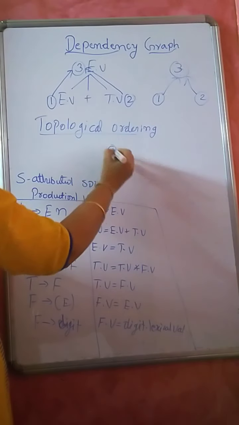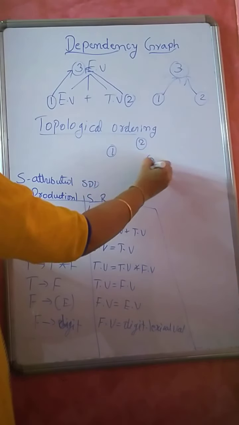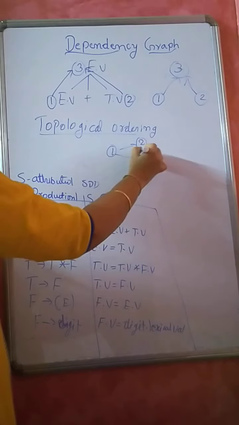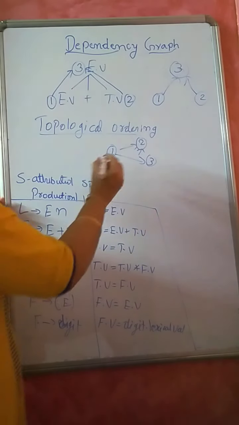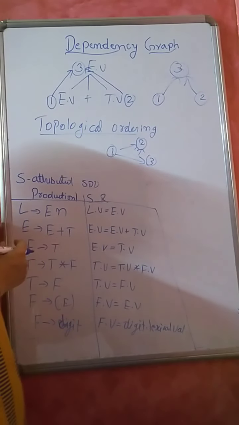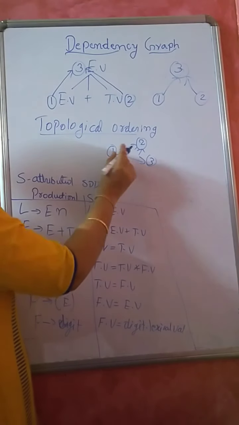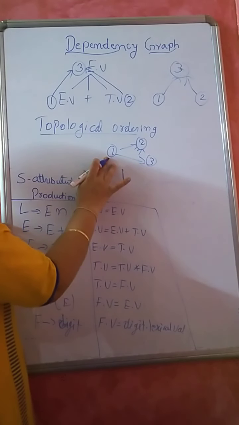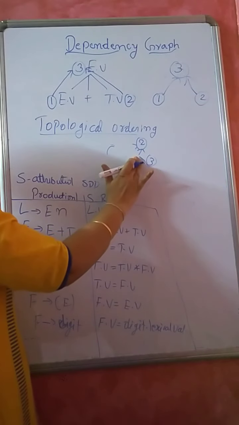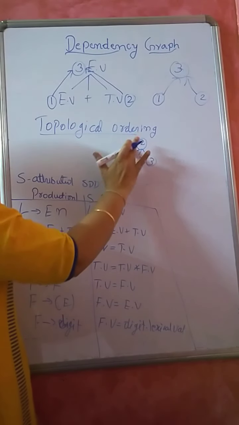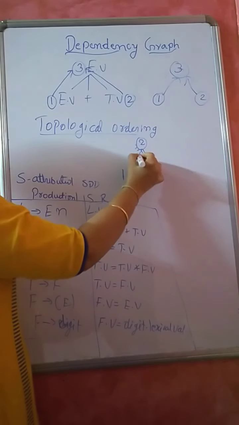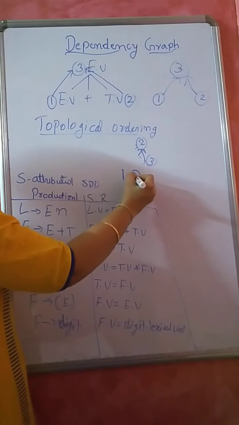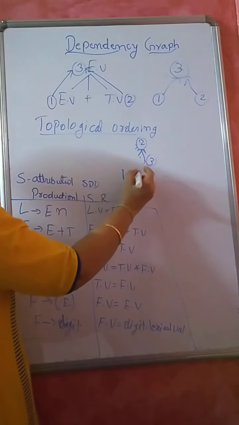Suppose I have some graph like this. So what is a topological ordering? First I need to remove the vertex whose in-degree is 0. That means I am removing 1, whose in-degree is 0. Along with that I will also remove all the outgoing edges from this. Then 2 has in-degree 0, then 3.